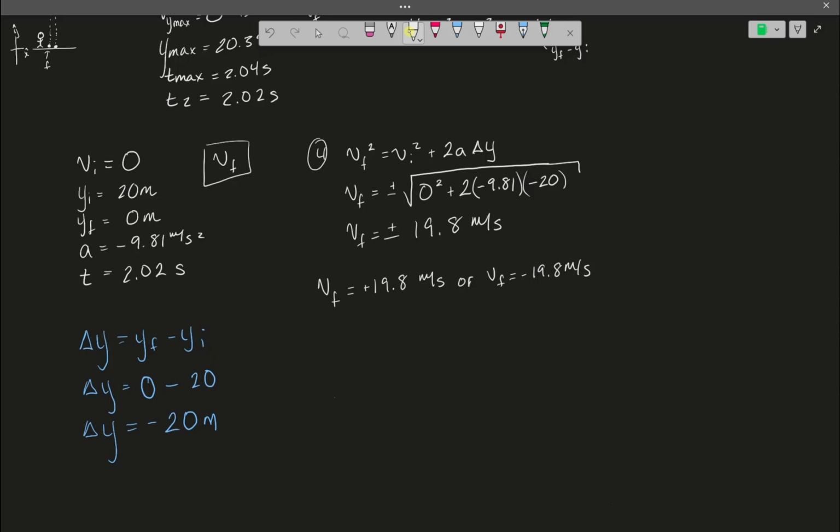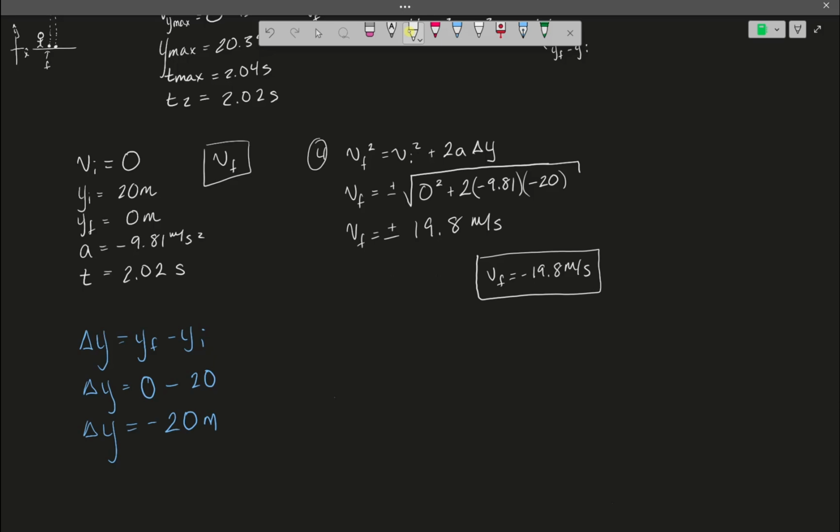But whenever we have plus or minus the square root of some value that is giving us the velocity, we have to consider the directionality that this object is moving. So whenever we have a positive velocity, our object is moving in the positive direction. Whenever we have a negative velocity, our object is moving in the negative direction. So because this object is falling, we know that our final velocity has to be negative 19.8 meters per second, because that negative sign tells us that it's moving in the negative direction. So it cannot be the positive value.